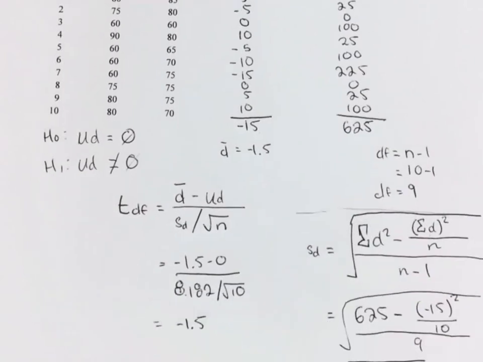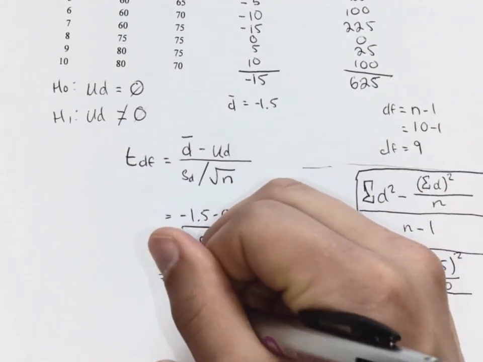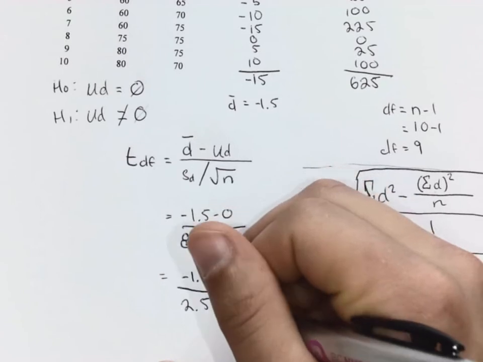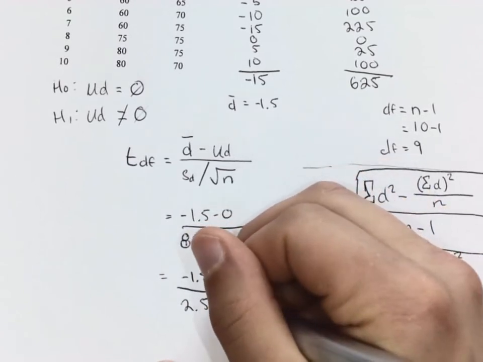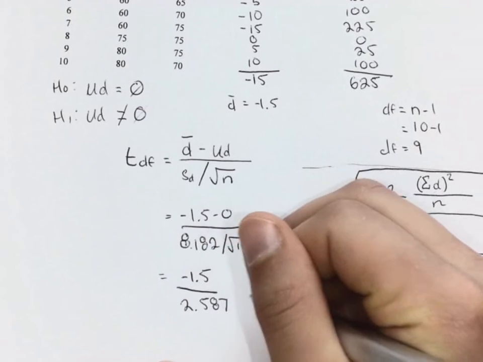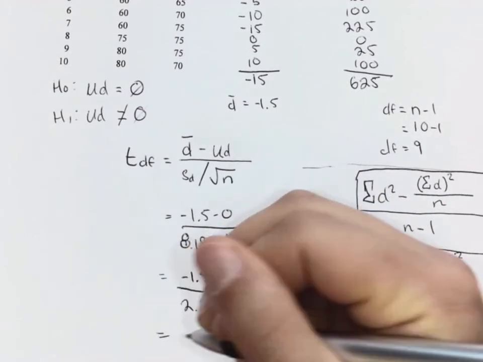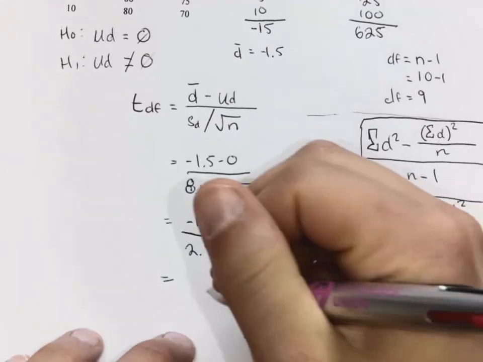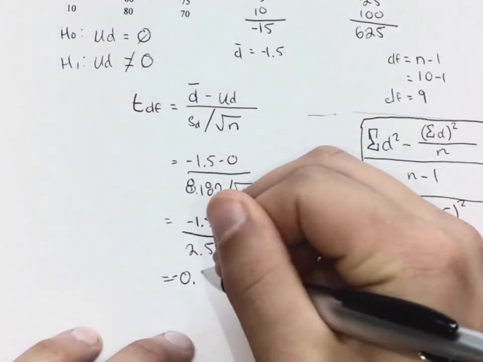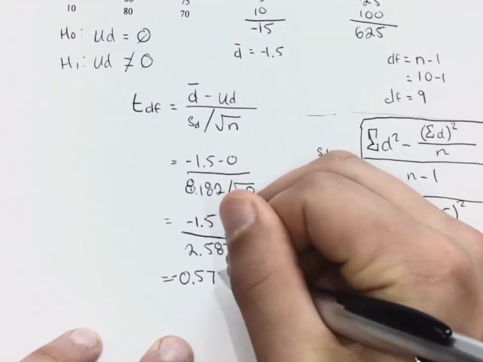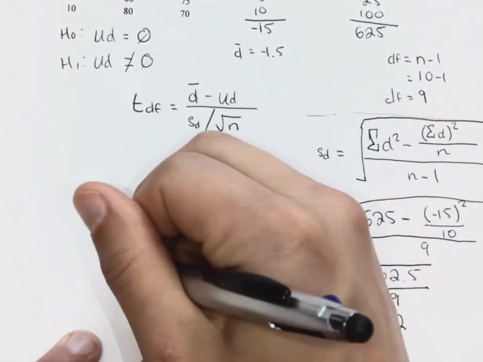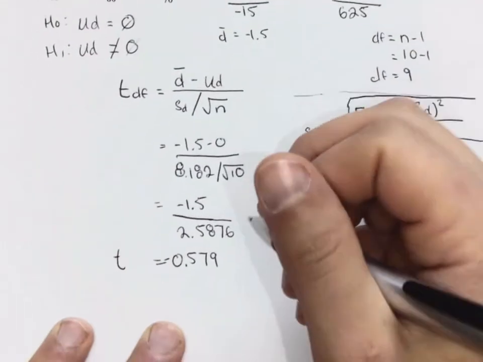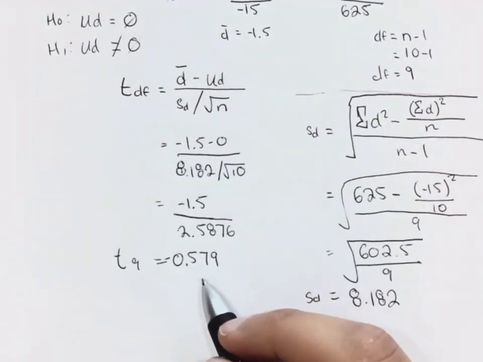So we have negative 1.5 divided by 2.5876. We receive 0.579. So our t, with 9 degrees of freedom, is equal to negative 0.579.